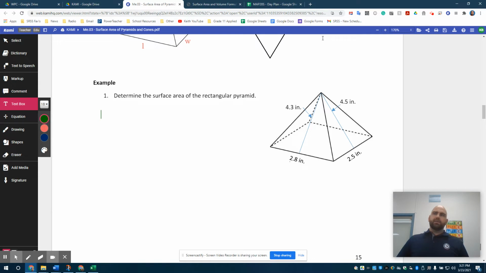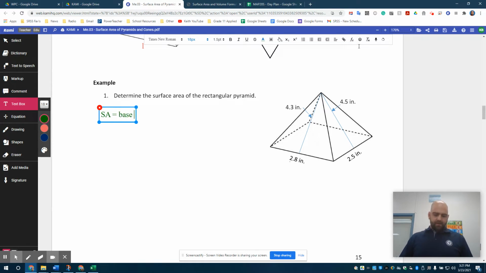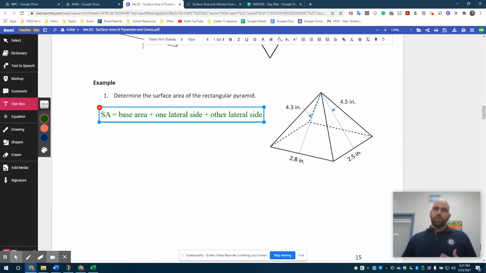So to find the surface area of this, we're going to have to do the base area plus one lateral side plus the other lateral side.